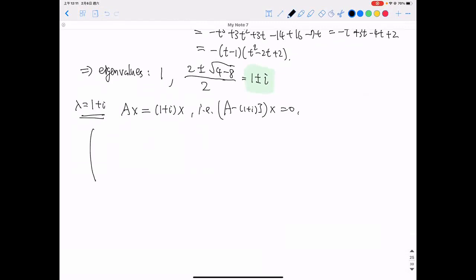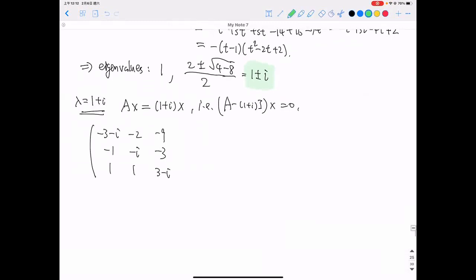So that's minus 3 minus i, minus 1, 1, minus 2, 1 minus negative i. What is it? 1, minus 9, minus 3, 3 minus i, and 0 elsewhere.